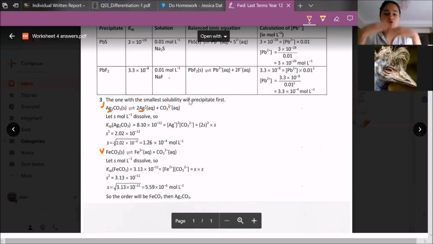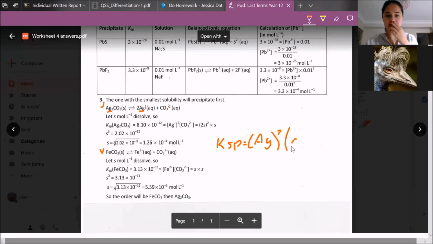It's balanced. You've got your states, which is aqueous, and you balanced it. Now we need to find S, so solubility, how much has dissolved. That's the point of the question. So what we're going to do, as we did above, is KSP equals our products, which is Ag to CO3.